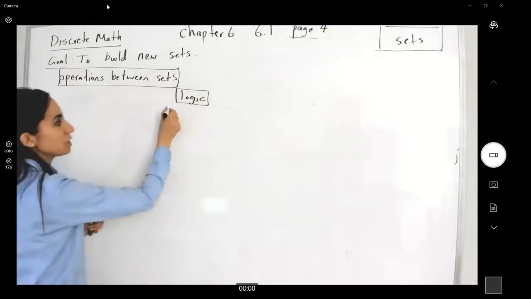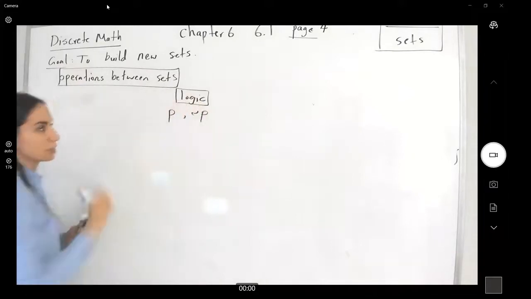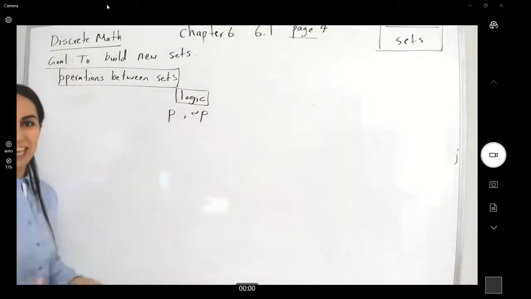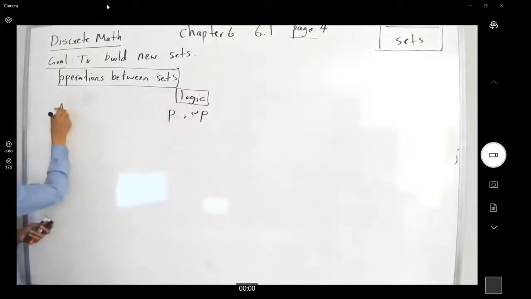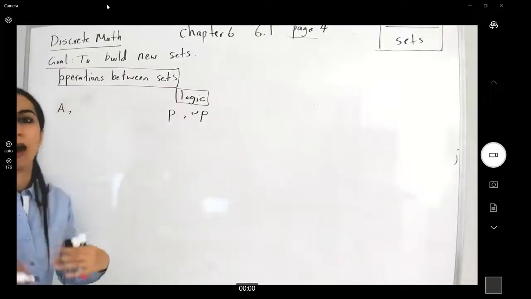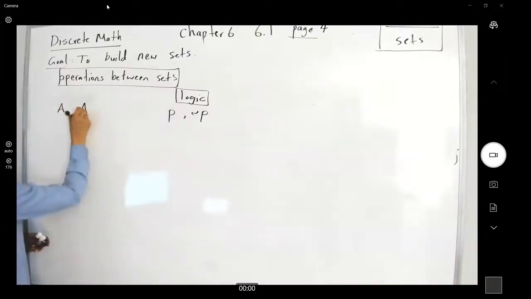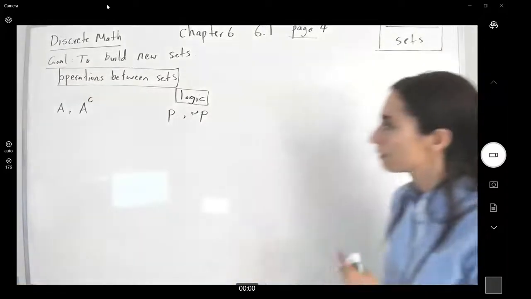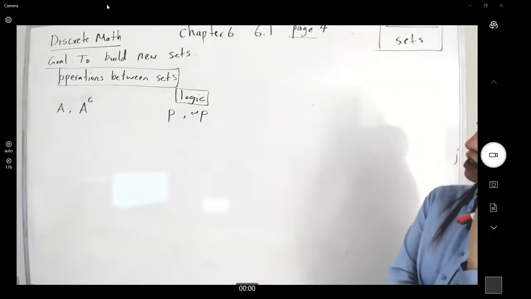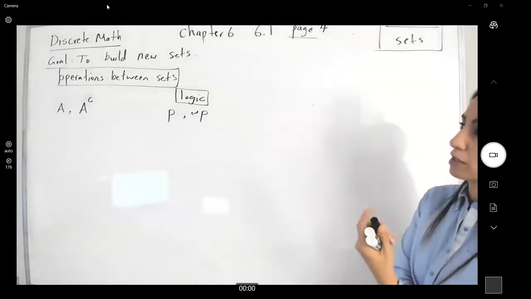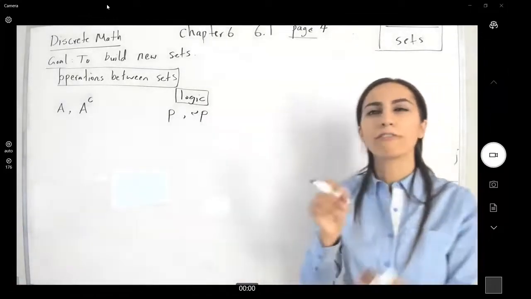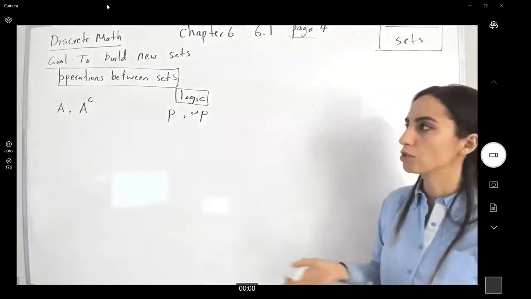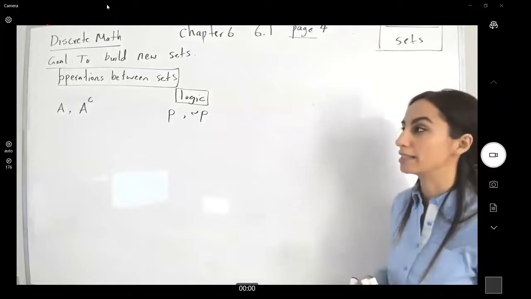In logic, we had P and not P. When it comes to the language of sets, we have set A, and we have its complement, A complement. Well, okay, but how do we write down the mathematical format of this set? We don't know what elements are included in that set.